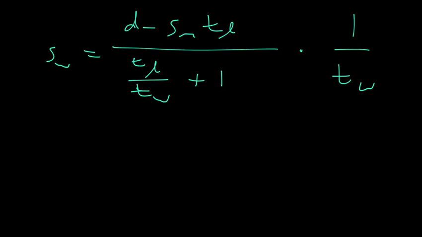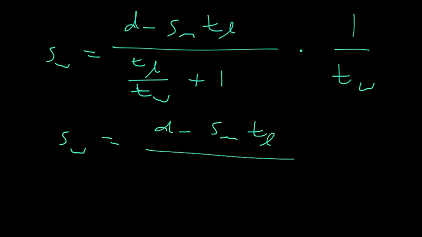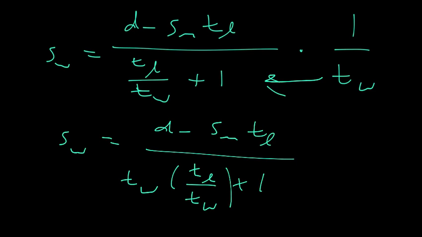So then finally, S_W is equal to D minus S_m T_L all over, and I'm just going to multiply this through, T_W times T_L over T_W plus T_W times 1.